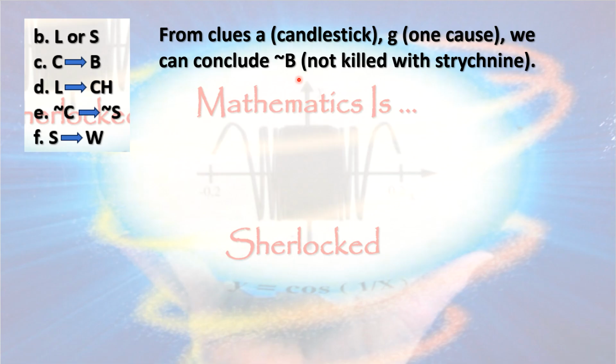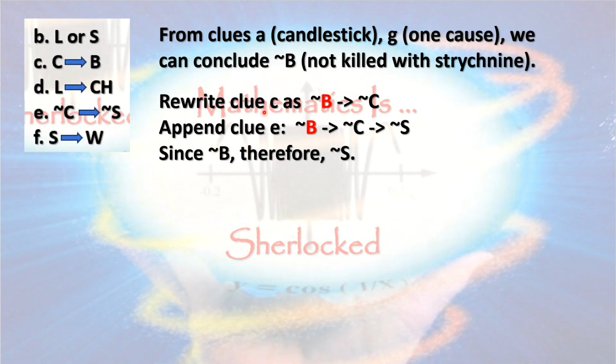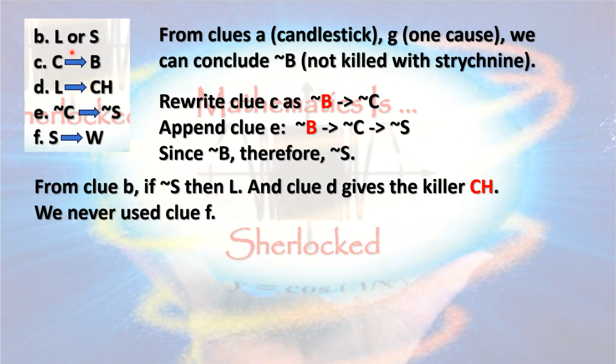So we know not B. The contrapositive of clue C is not B implies not C. And tacking on clue E gives us not B implies not C implies not S. So not B leads us to not S. Sarah was not in the dining room, which means, in fact, that Lady Hazelton was. Then we have clue D, which says if she was in the dining room, then the chauffeur is the killer. Notice that we never use clue F.